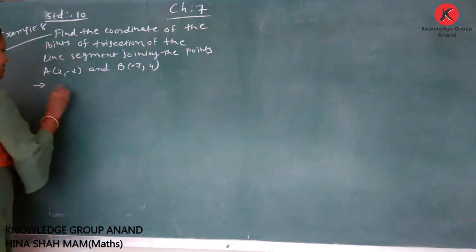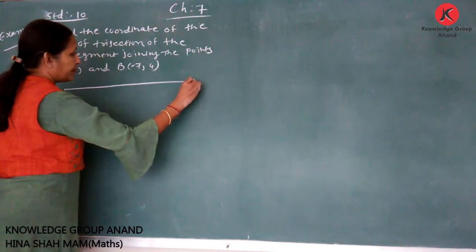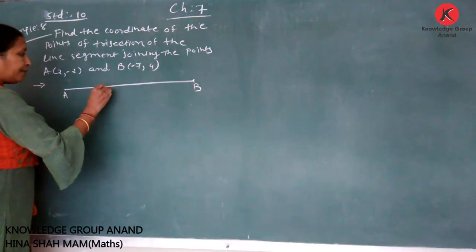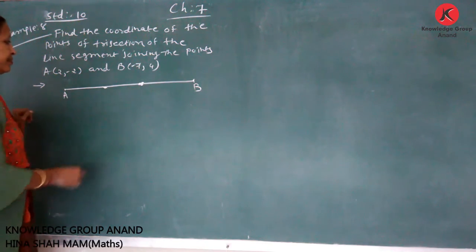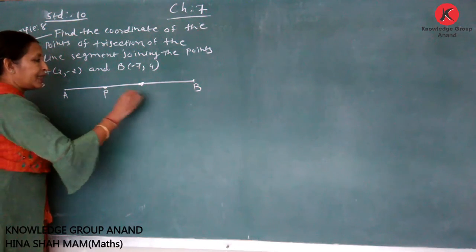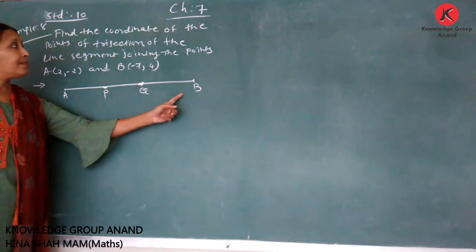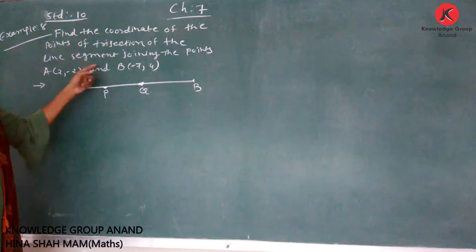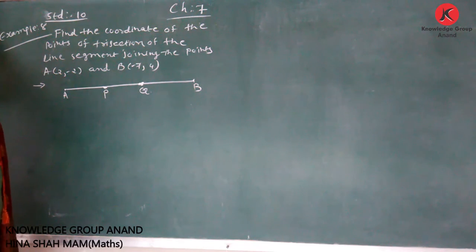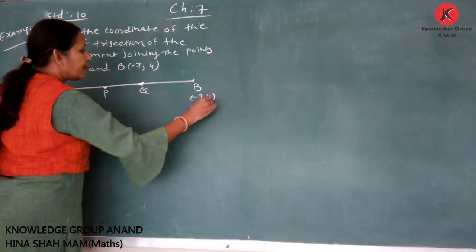Suppose here is line segment AB. One part, two parts and three parts. Here the points are P, R, Q. Points P and Q divide line segment AB, joining the points A(2, -2) and B(-7, 4), into trisection.